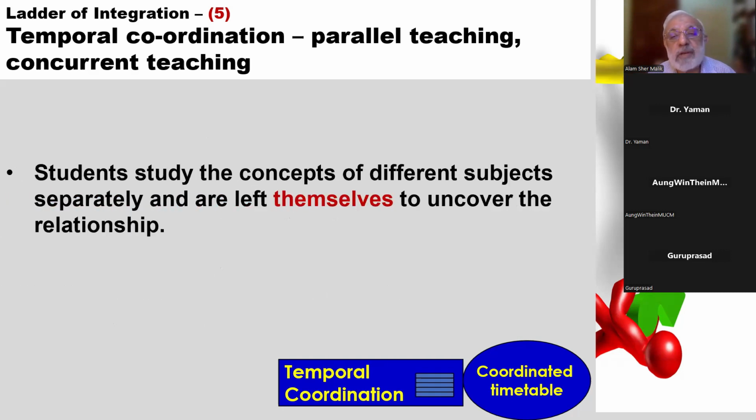Students study the concepts of different subjects separately and are left themselves to uncover the relationship. So still it is subject-based. Anatomy is teaching from the anatomy point of view and physiology from the physiology point of view, but they are teaching the same system, and the students have to link whatever they are taught in anatomy with what is taught in physiology and biochemistry.